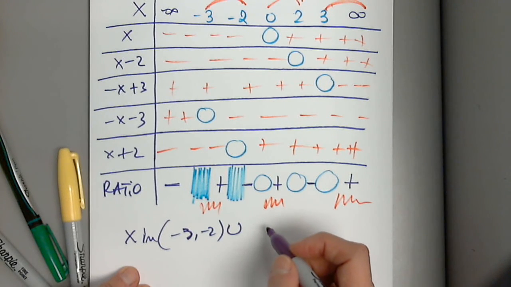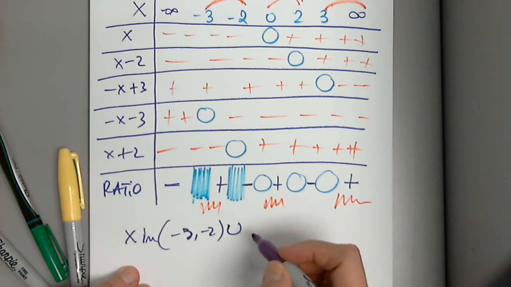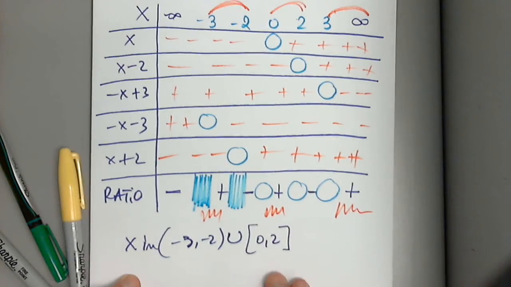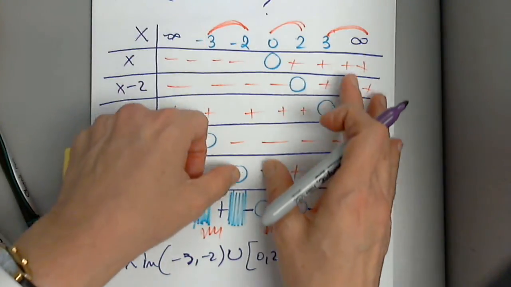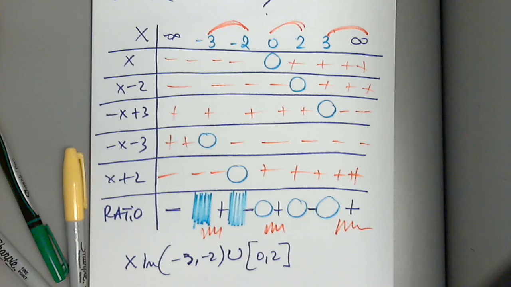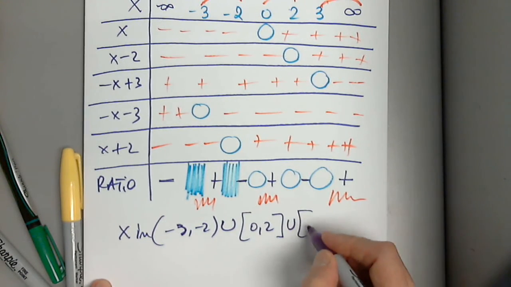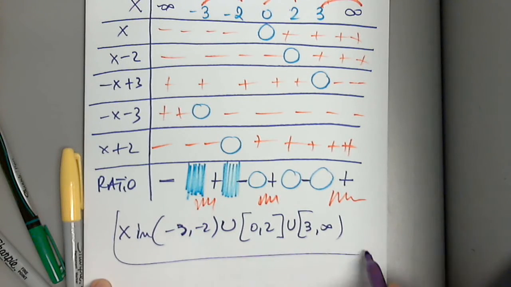Good. Then, yes, 0 to 2. Between -2 and 0 is negative. And then union. Very good.